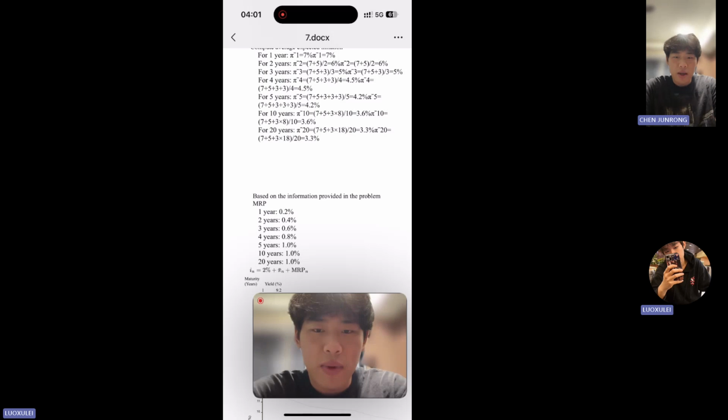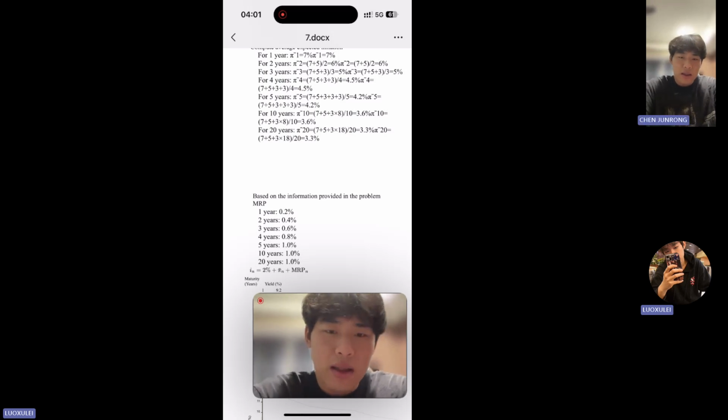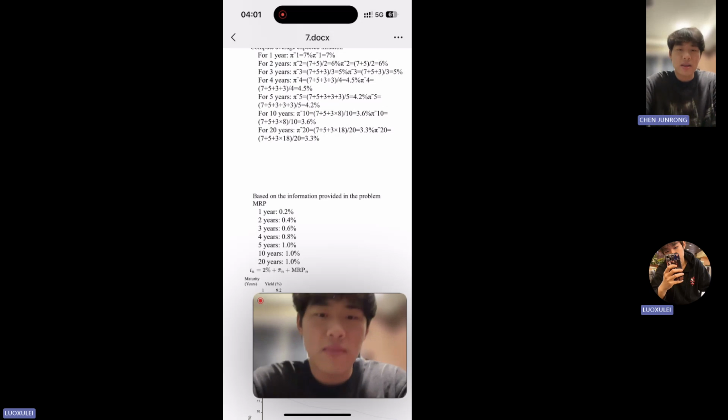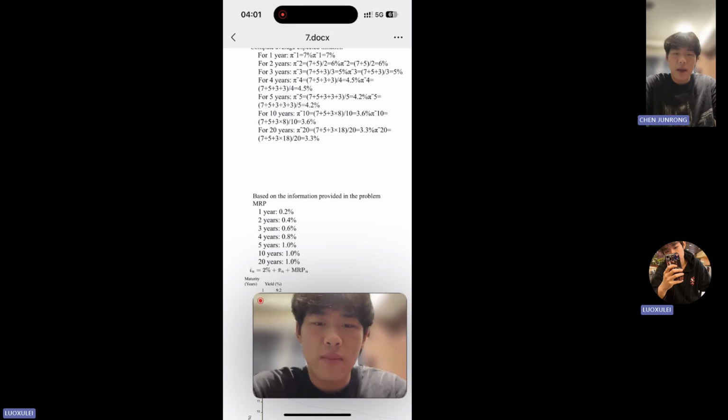For 3 years, it becomes 7% plus 5% plus 3% divided by 3 equals 5%. Using the same method, I calculate the average inflation for 4, 5, 10, and 20 years.